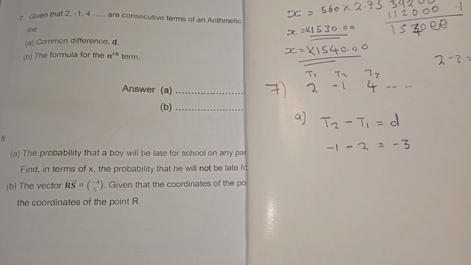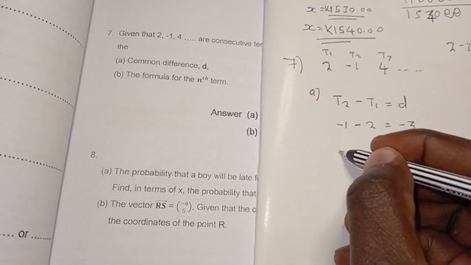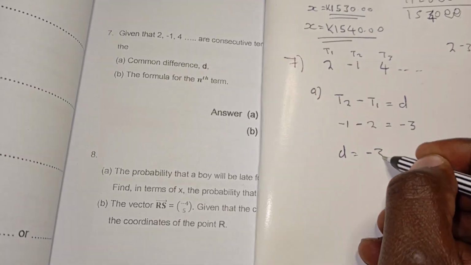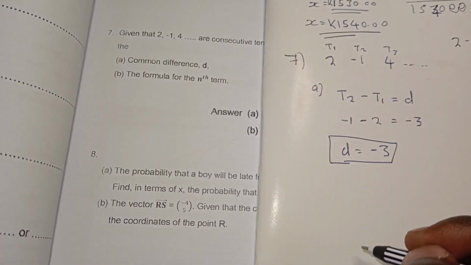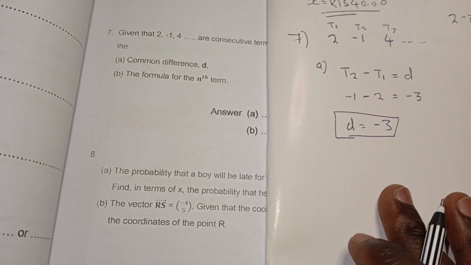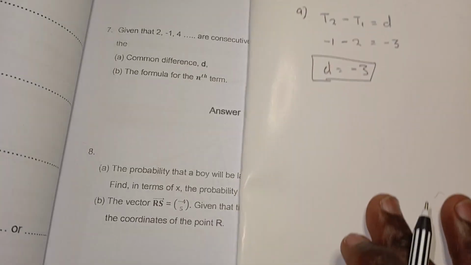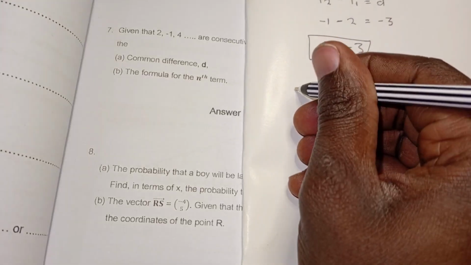That's -1 minus 3, and this one will give us 4 there. So let's say our common difference here is -3. Then find the formula for the nth term. We are going to use this formula.